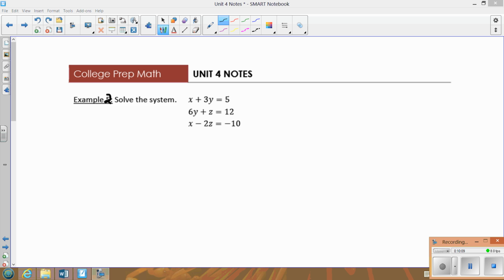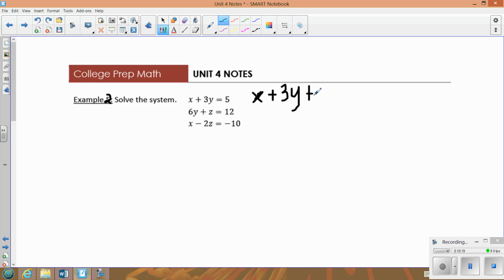So basically what this looks like, if I were to rewrite this, this first equation would be x plus 3y plus 0z, because 0 times z would be 0, that's why you don't see it in the original, equals 5. Then I would have 0x plus 6y plus z equals 12.